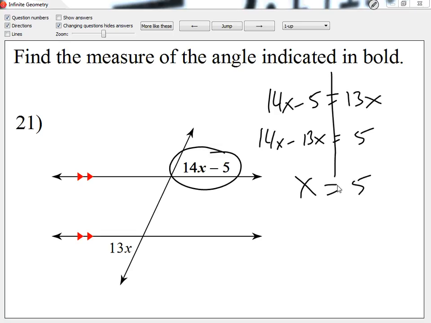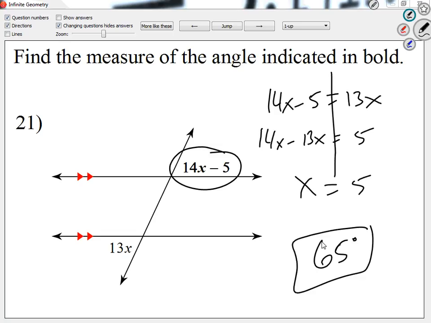So now that we know the value of x, plug it in. How much is 14 times 5? 70. 70 minus 5? 65. So my solution here would be 65 degrees.